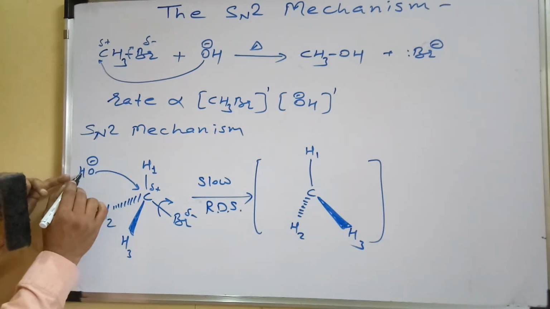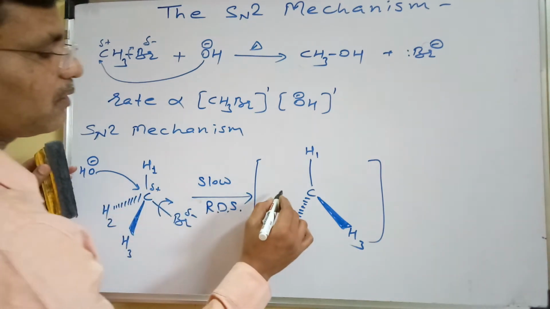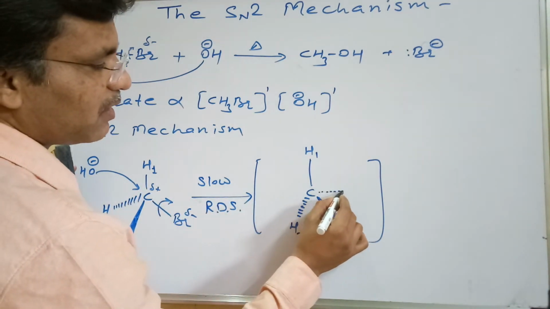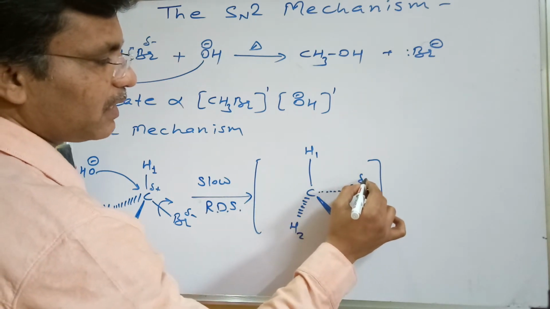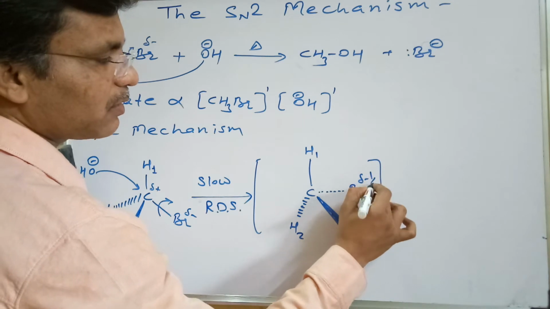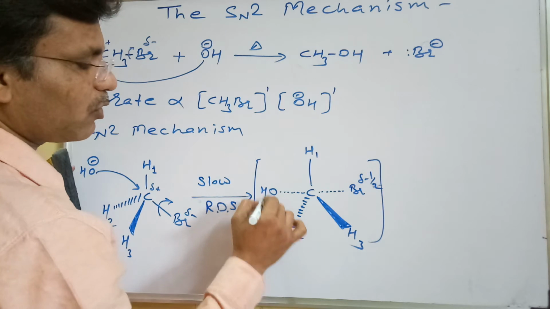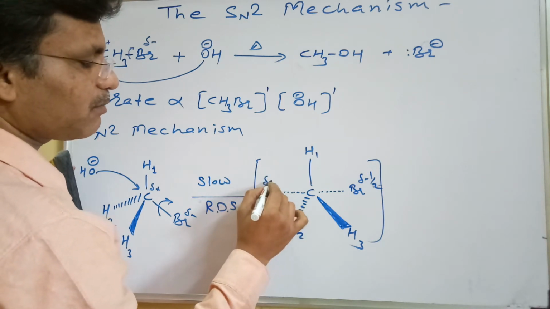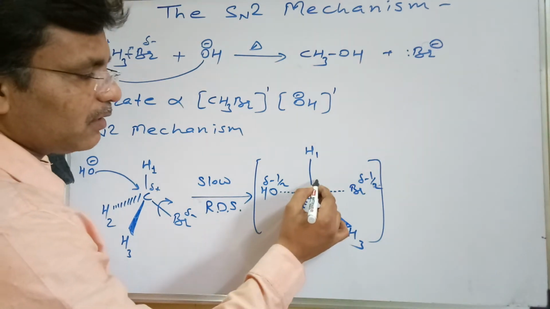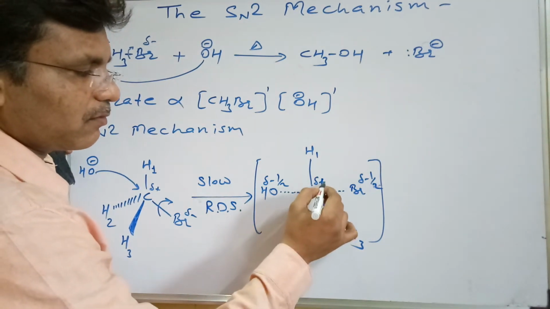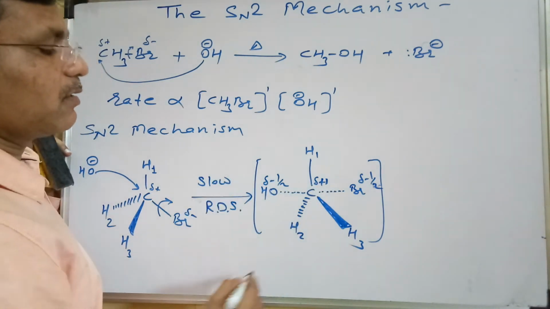When the attack of this OH takes place on this partially positively charged carbon, the Br starts breaking and goes away from this carbon. So this Br carries a partial negative charge, we'll write negative half, because here the OH is also found bonding in the transition state, and this is also partially minus half. This is a plus 1, the charge carried on the carbon.